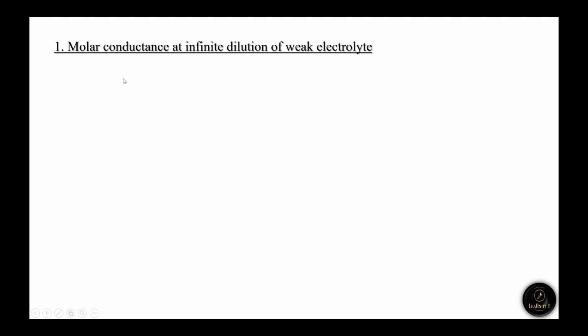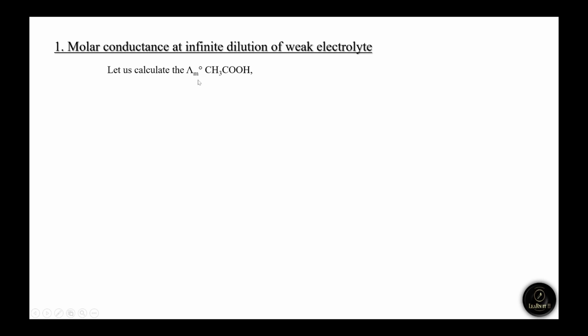So let's look at the first application, that is molar conductance at infinite dilution of a weak electrolyte. Because the curve didn't touch the y-axis, we don't know where it touches. So we want to calculate that value, but how? By using Kohlrausch law. We can use the example of acetic acid. We know acetic acid is a weak acid, so it undergoes partial dissociation.